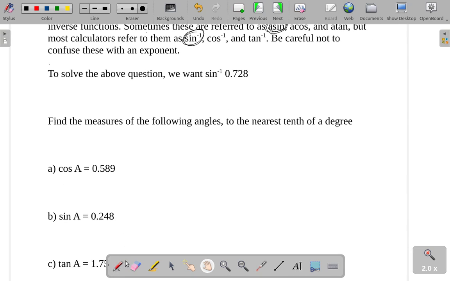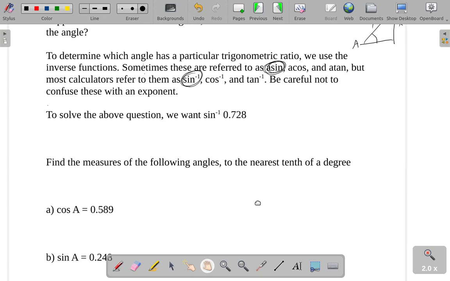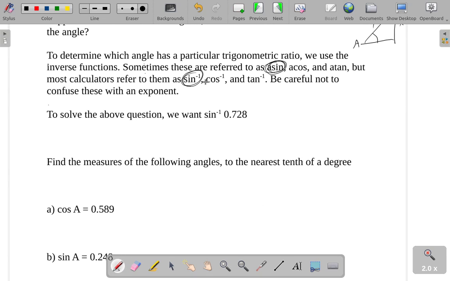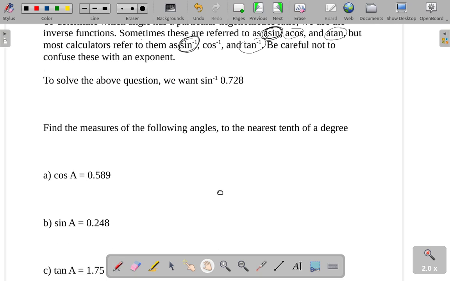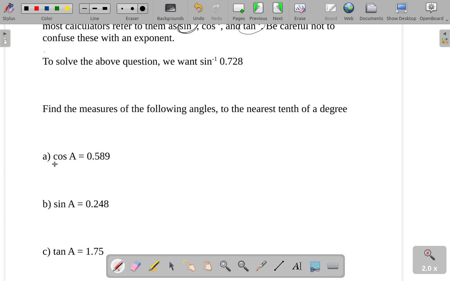All right, in any case, if you want to find an angle such that cosine A is 0.589, this says round each of these to the nearest tenth of a degree. Before I move on, there's also inverse cosine, that's arccos, or cosine to the -1. There's also inverse tangent, arctan, or tangent to the -1. Since in this example we're trying to figure out the inverse, I want to use the inverse cosine.